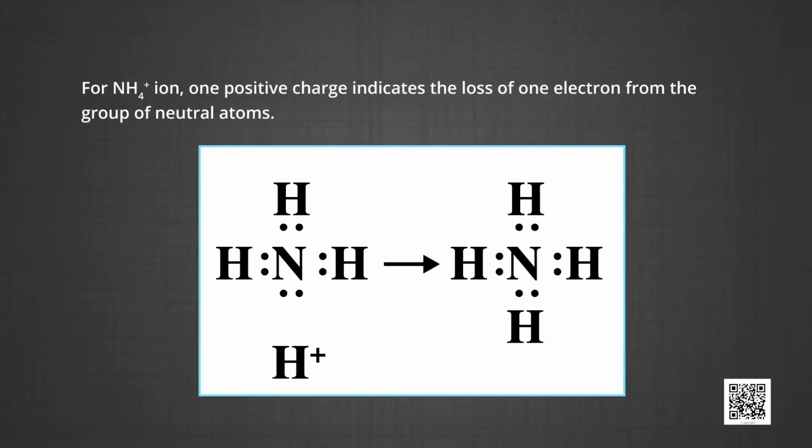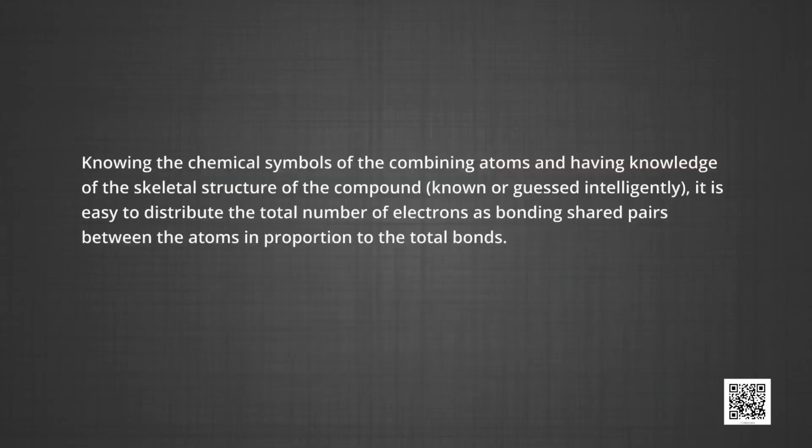Knowing the chemical symbols of the combining atoms and having knowledge of the skeletal structure of the compound, known or guessed intelligently, it is easy to distribute the total number of electrons as bonding shared pairs between the atoms in proportion to the total bonds. In general, the least electronegative atom occupies the central position in the molecule or ion.